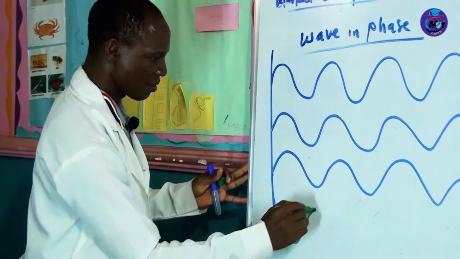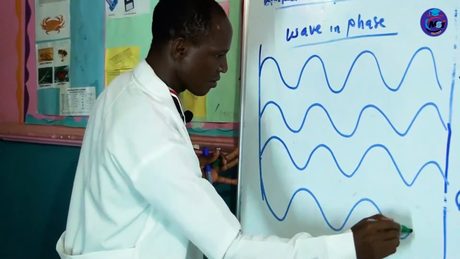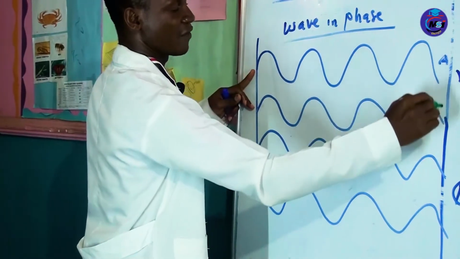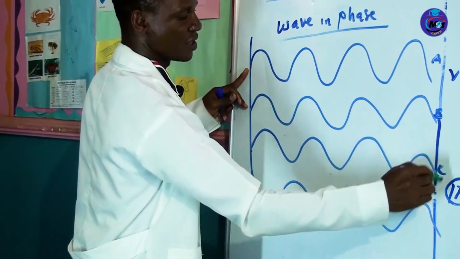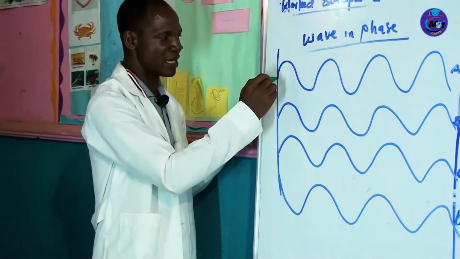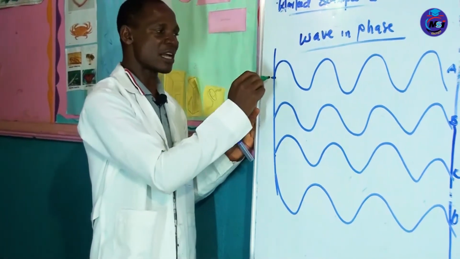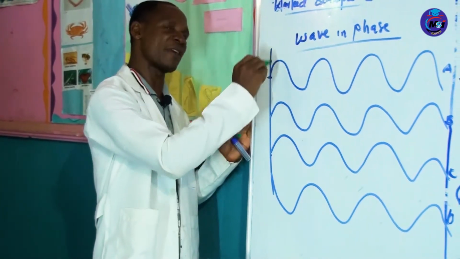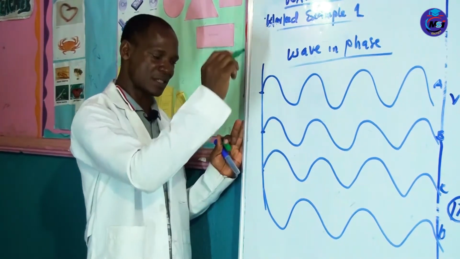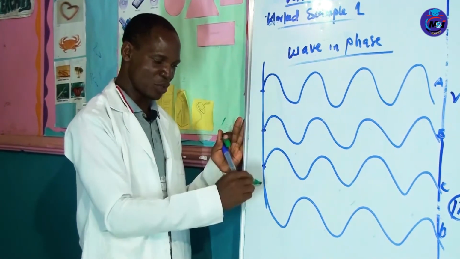Look at the pattern now. This is wave A, wave B, wave C, wave D. Let's take this place to be the origin. It starts from here and goes up first. Also this one starts from here, up first, but this one goes down.